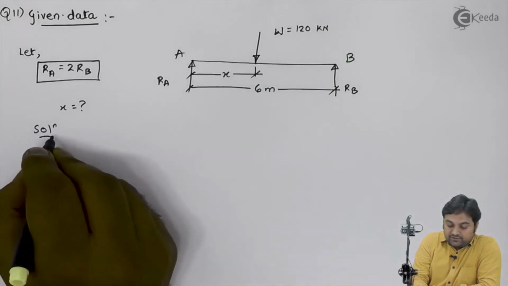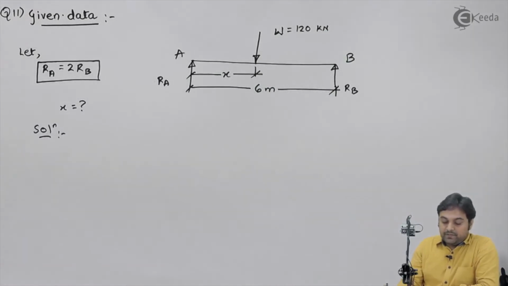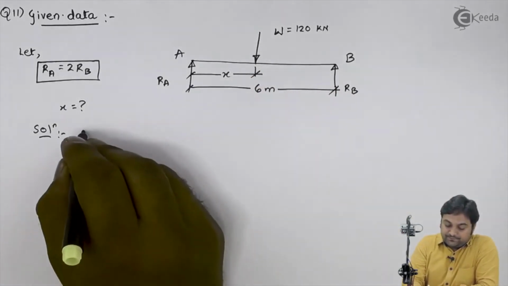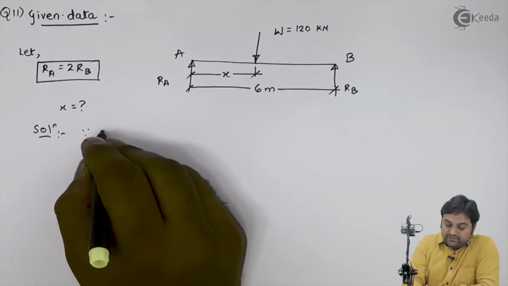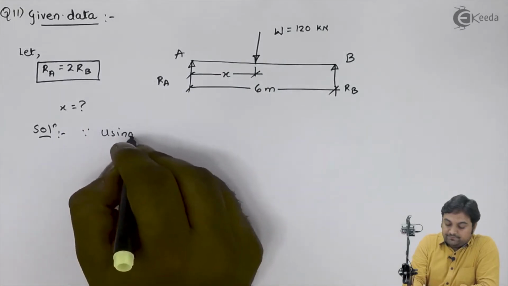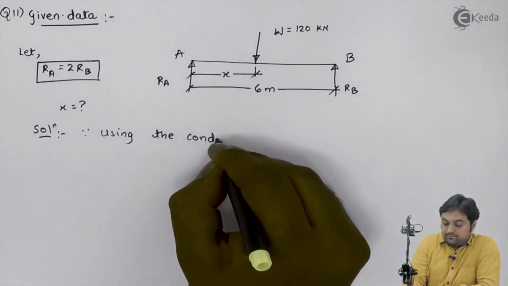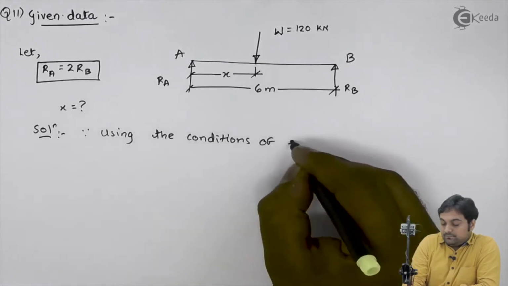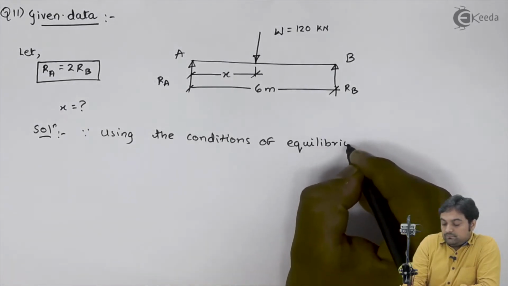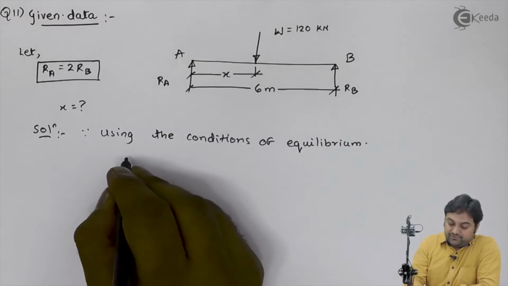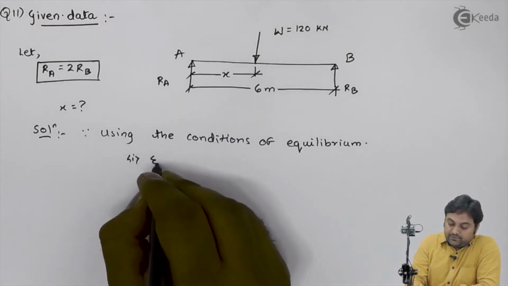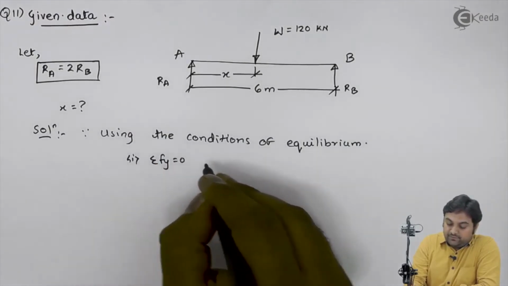Now I'll write the solution for this question. Using the conditions of equilibrium, I will use the first condition: summation of Fy is equal to 0.